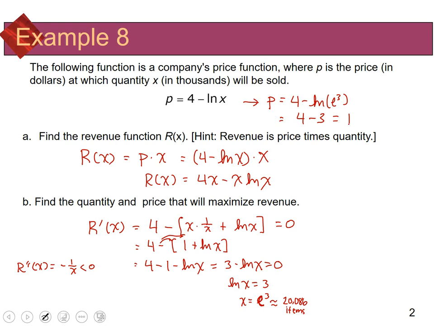So basically, the company would need to sell 20,086 items at $1 each to maximize revenue.